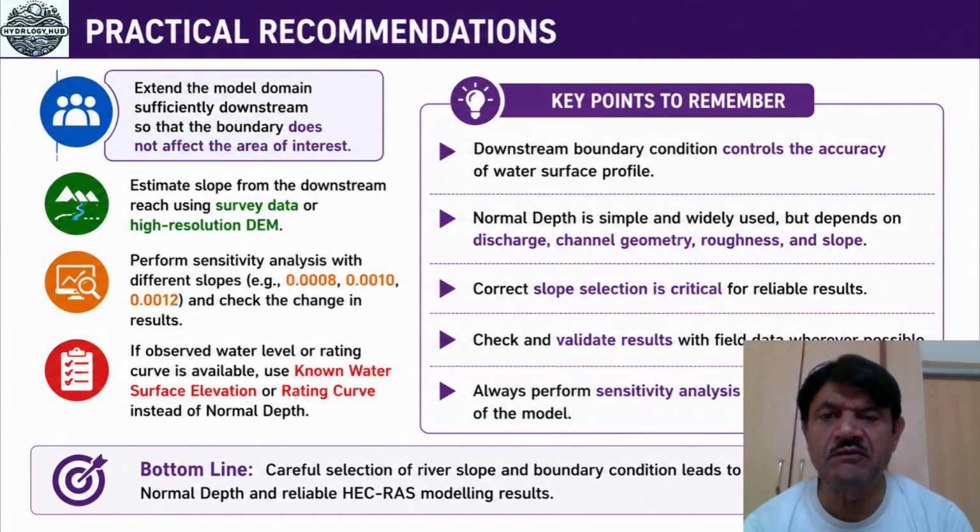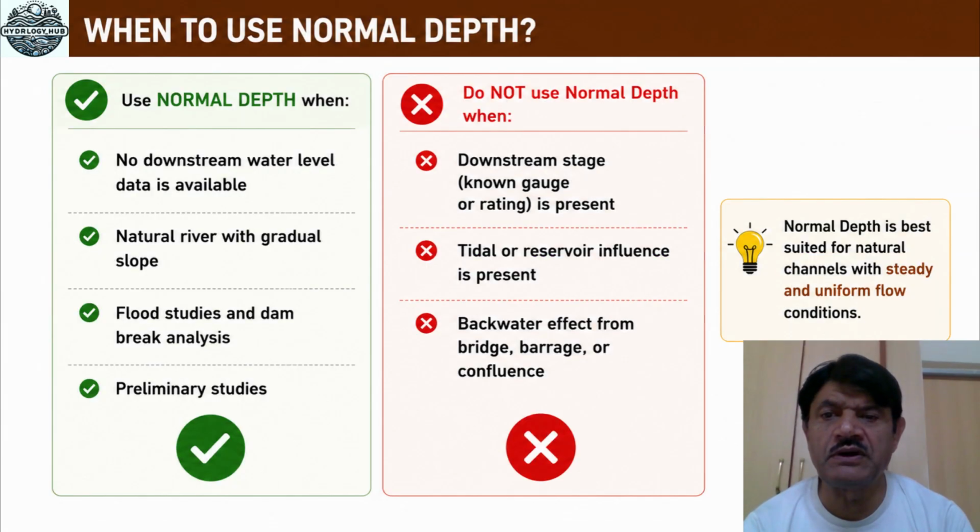Finally, whenever reliable downstream stage observation or a rating curve are available, use those boundary conditions instead of normal depth. Normal depth is most suitable when downstream water level data are unavailable. It is widely used for natural rivers, flood inundation studies, dam break simulations, and primarily hydraulic investigations.